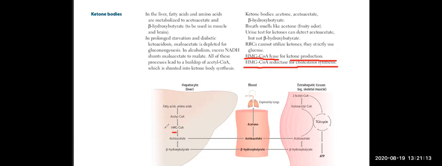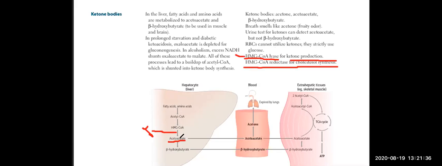This is the step where HMG-CoA is converting to acetoacetate. So this step is probably the step that uses HMG-CoA lyase or HMG-CoA synthase, okay? Because we have seen in previous enzymes that the enzyme name also comes from the name of the substrate.